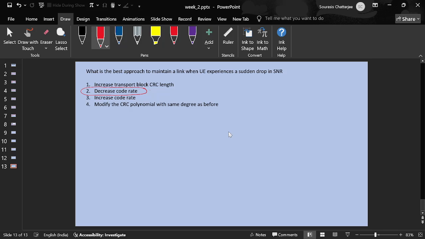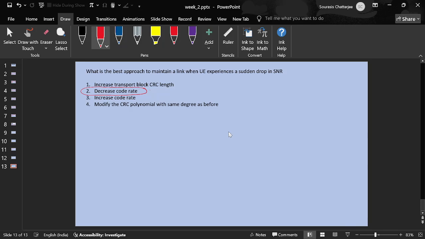So along with filler bits, everything is sent to MAC layer, or those are removed and sent to MAC layer for further error detection, I think. Actually, in the third week's content, more intermediate blocks will be introduced, like rate matching or something. But I don't exactly remember which block is going to remove the filler bit. I also need to study that. It is going to be in the physical layer only, but as of now I am unable to point out the exact block responsible for removal of filler bits.